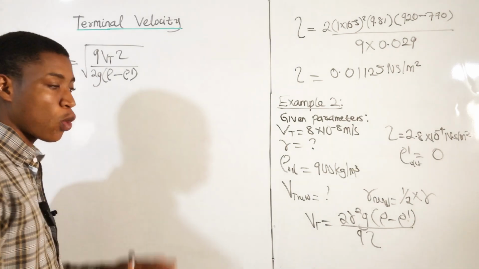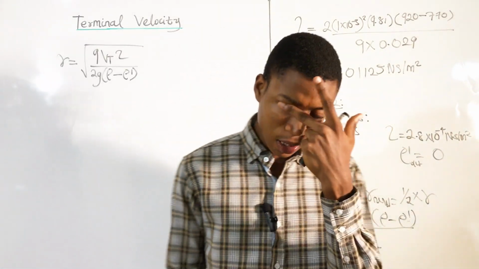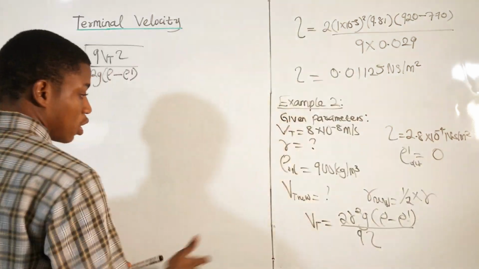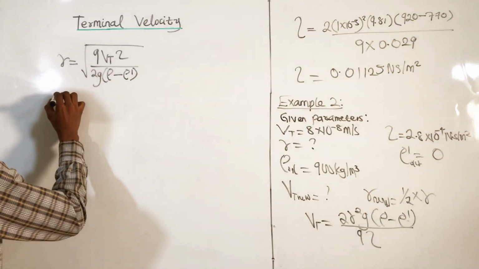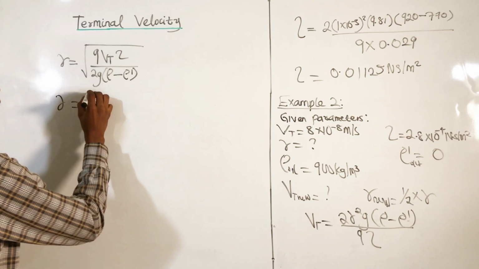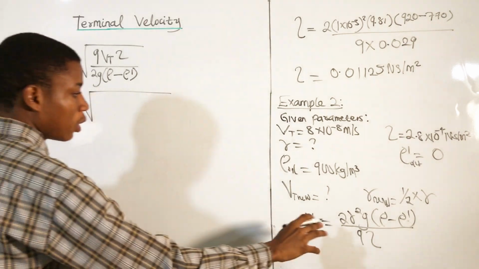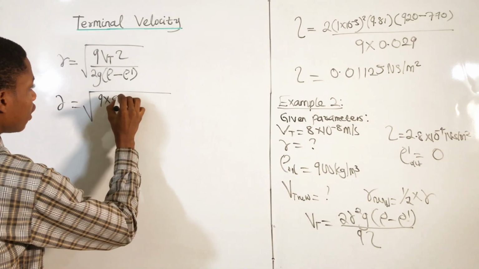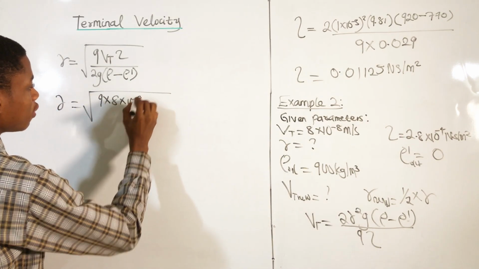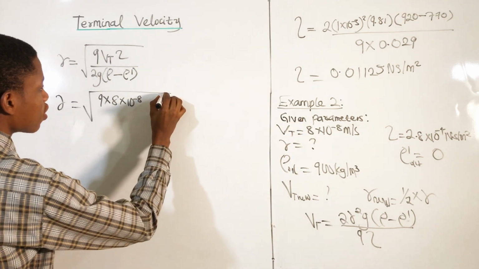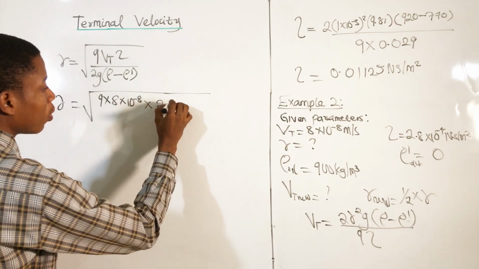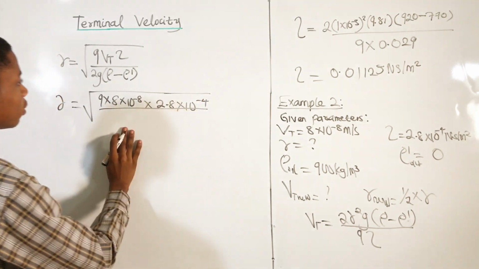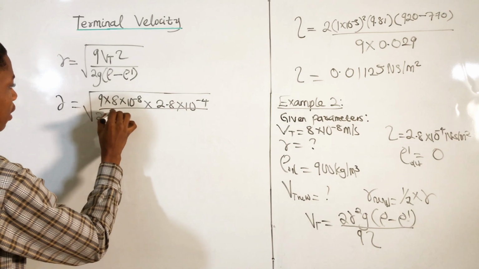Since we have made r squared the subject of the formula in this case now, we're going to substitute our parameters into the equation. So we have r equals the square root of what? We're having 9 multiplied by Vt, which is 8 times 10 raised to the power negative 8, and the coefficient of viscosity is 2.8 times 10 raised to the power negative 4, all over 2 multiplied by gravity.